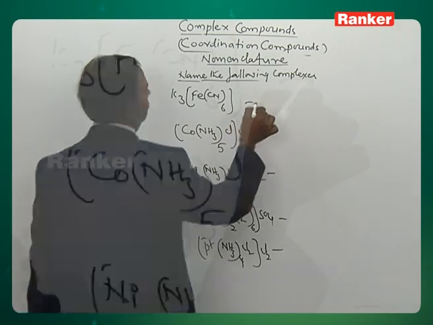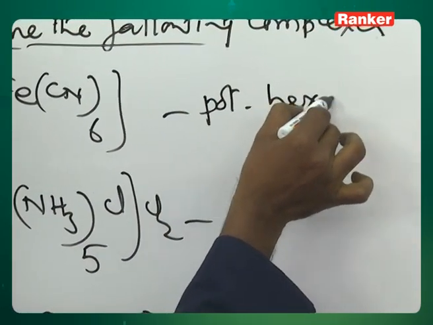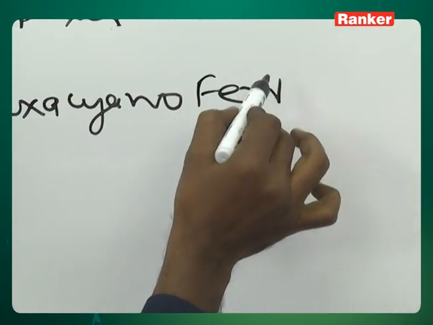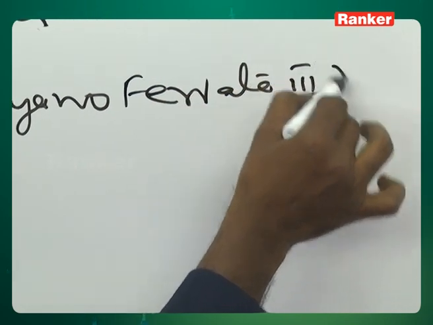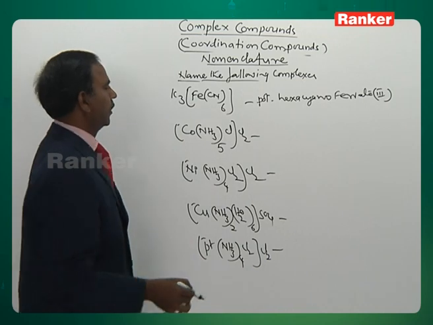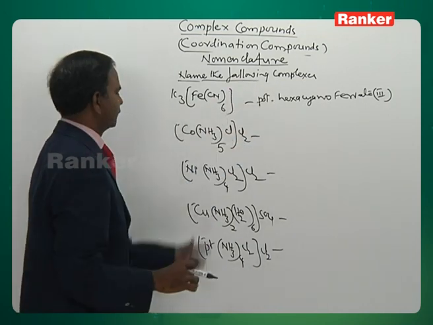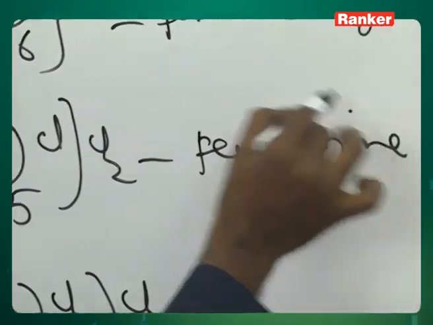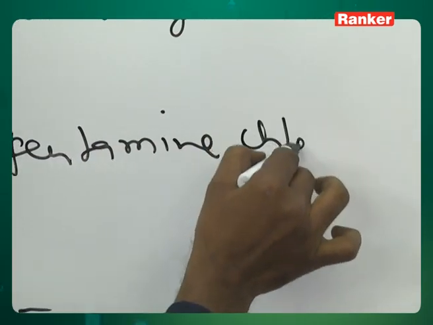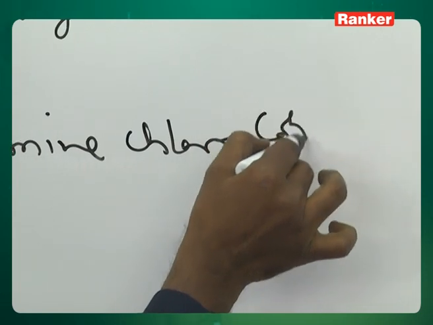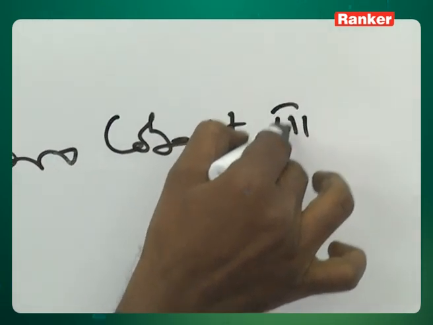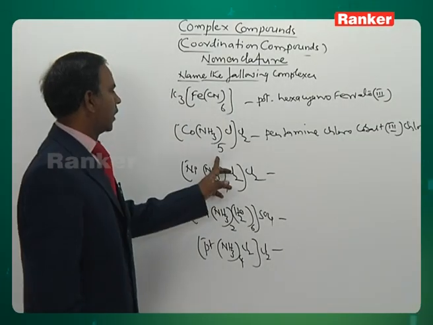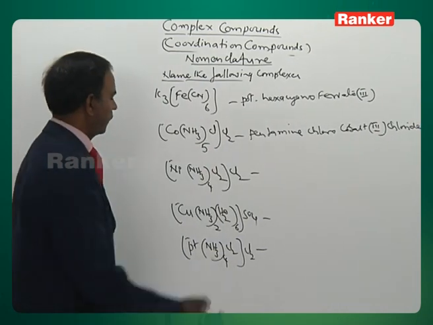Again, potassium, the cation, is first, hexacyanoferrate(III). Potassium hexacyanoferrate(III), because it is a cation with an anion, we are adding ate. Next, pentaamminechlorocobalt(III) chloride.